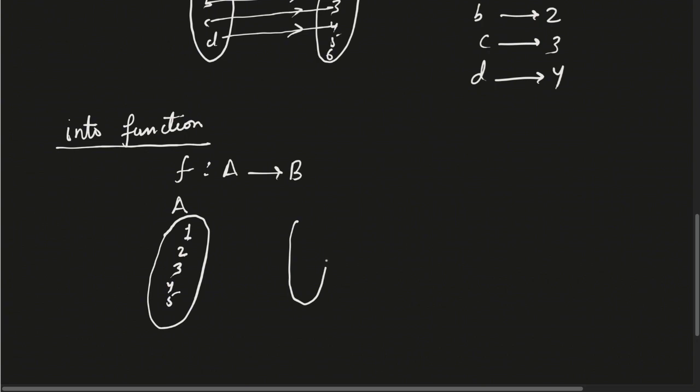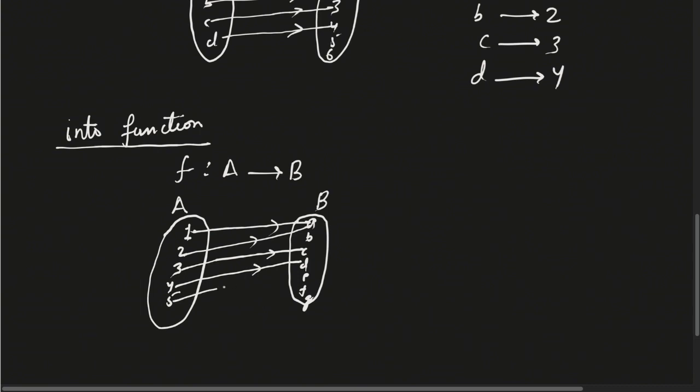And let us suppose this to be set B, which has the elements A, B, C, D, E, F, G, and so on. So when we map the elements in set A, that is a domain set, with the elements in set B, that is the codomain set, then it so happens that some element in your set B remains unmapped. You have to have a clear understanding that some elements in set B remain unmapped, then such a function is called an into function.